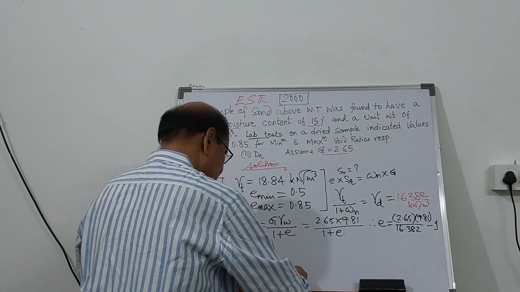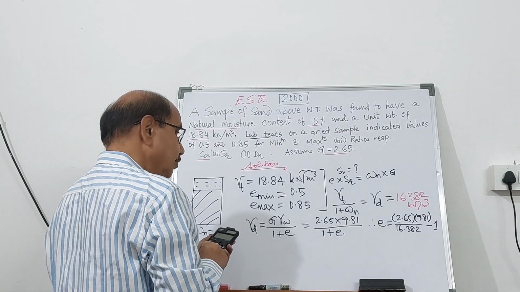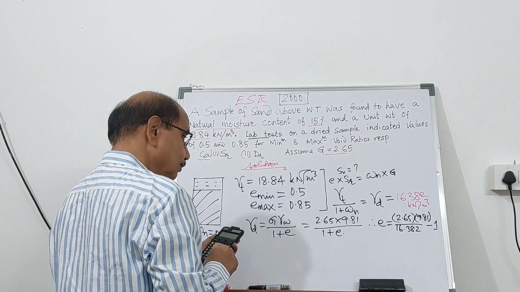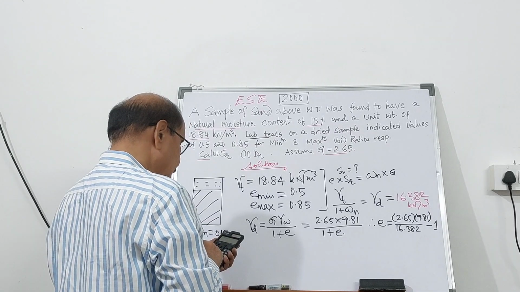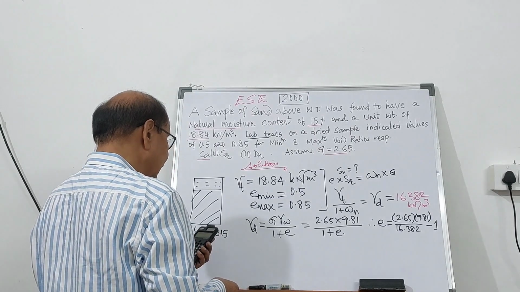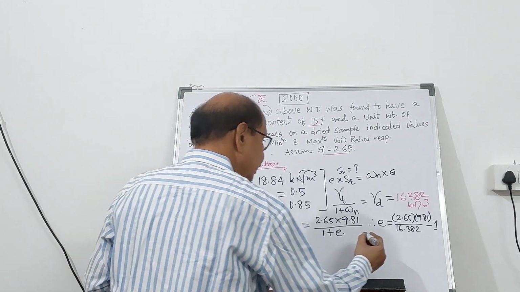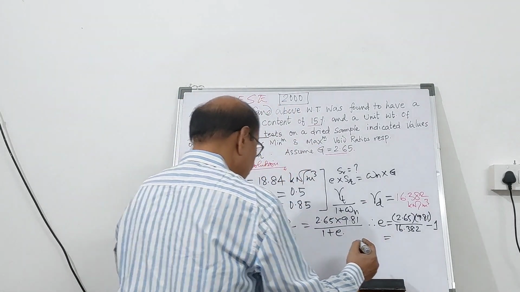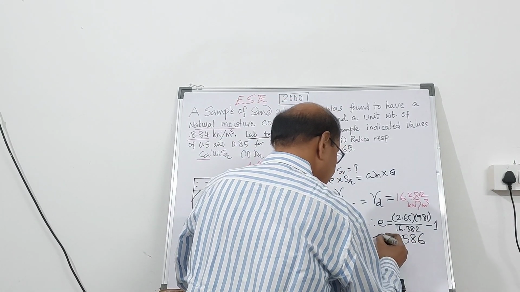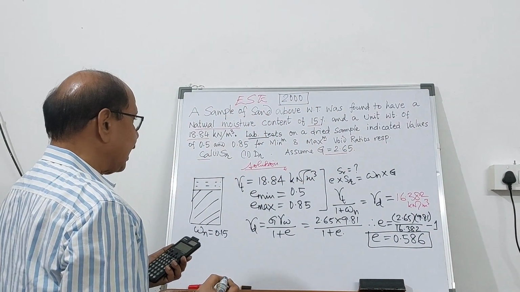Calculating this gives 0.586. So the void ratio E equals 0.586, which we have been able to calculate easily.